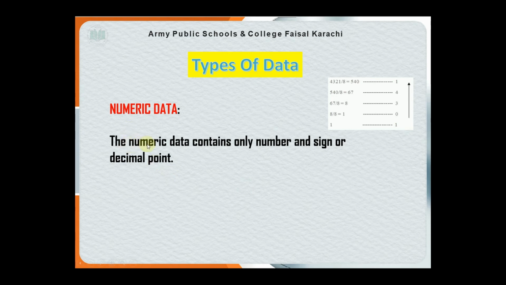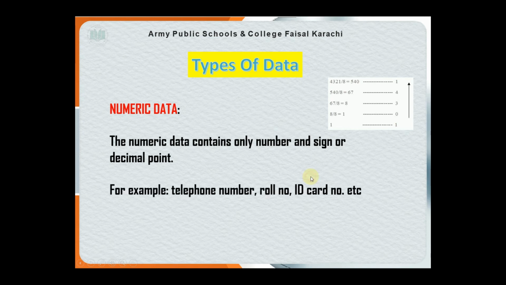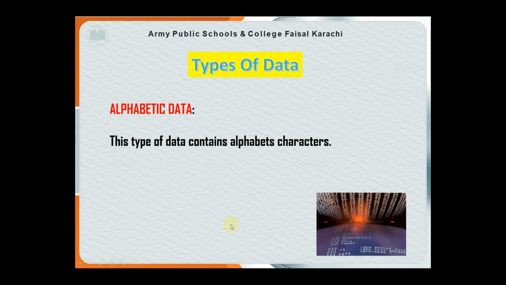So the numeric data contains only numbers and signs or decimal point like 4.5, 3.5. In this type of data we have examples like telephone number, roll number, ID card number, and guess what? Yes, NIC number. So these are all numeric data. You can see here are the numbers and we can call it numeric data.